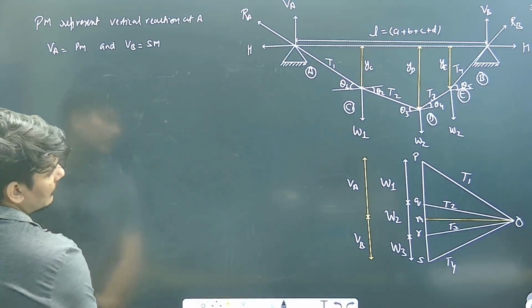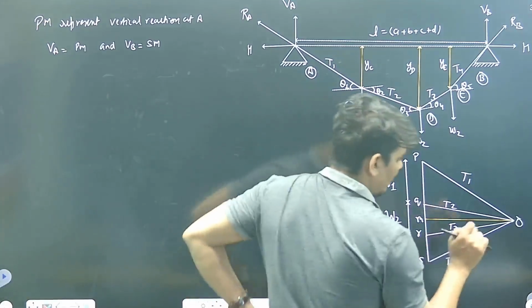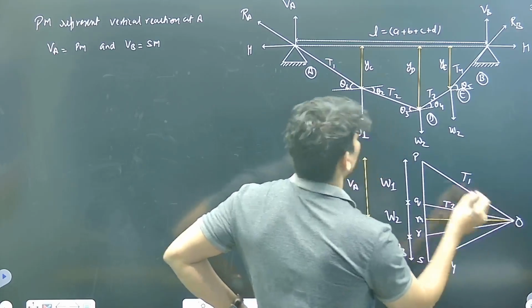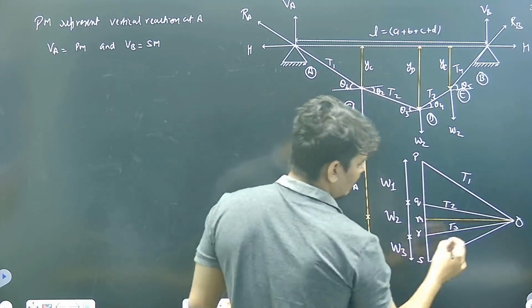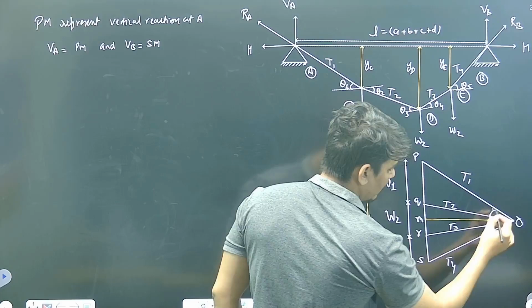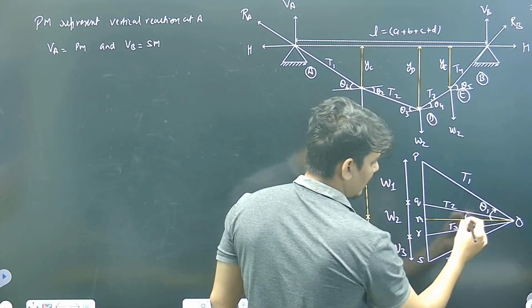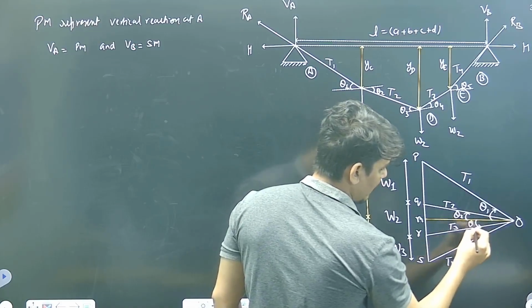Now from this vector diagram, how to calculate the tension? So you have to remember that from the horizontal, this tension T1 is making an angle theta 1. From this horizontal OM, this angle is theta 1. This angle is theta 2. This angle theta 3.